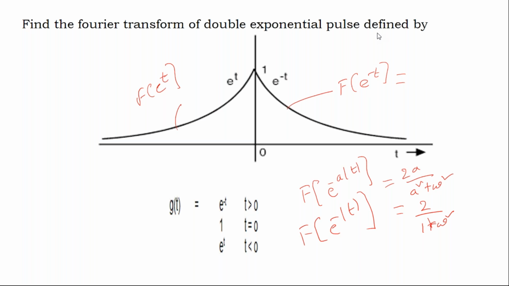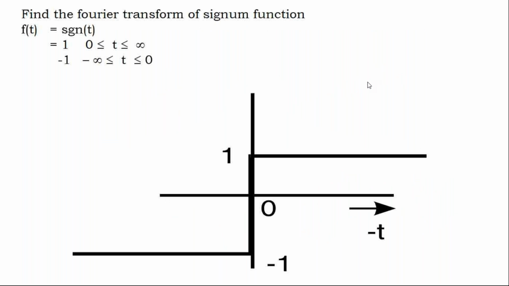Yes, right. Now I am going to take you to the next problem. Now observe it. Already we studied the Fourier transform for this, right? Now if you see this, the Fourier transform for the signum function is solved. Now tell me what is the Fourier transform of the signum function? Please check the waveform and see the answers and tell me.